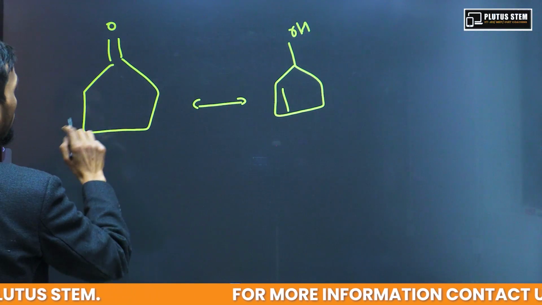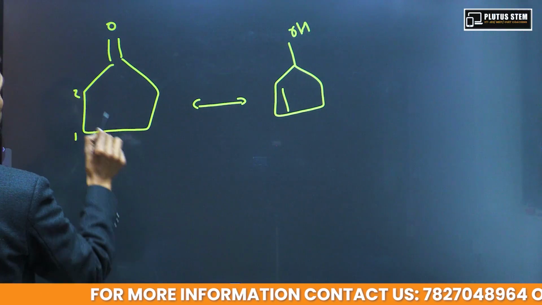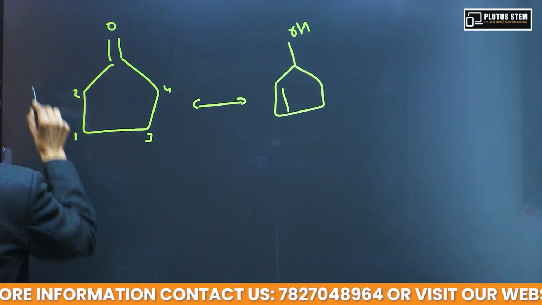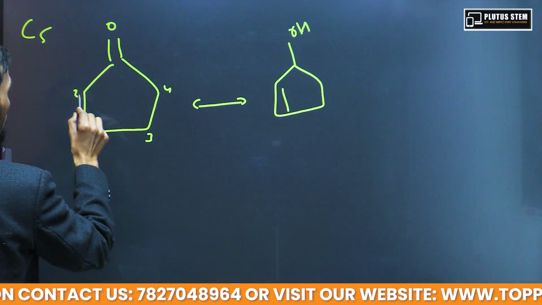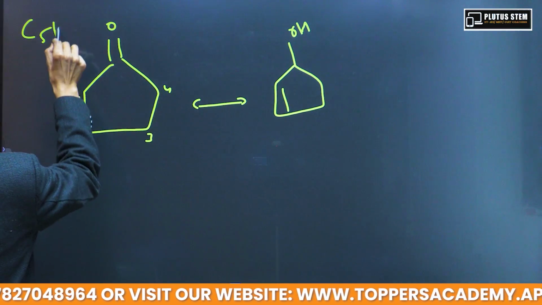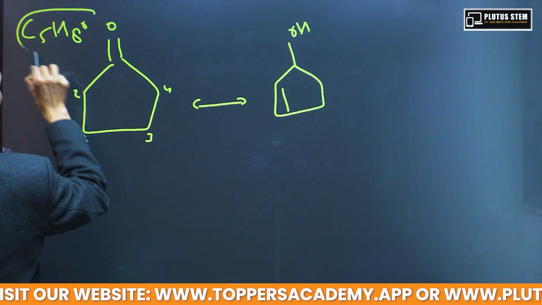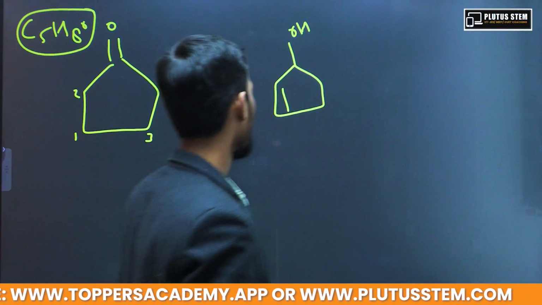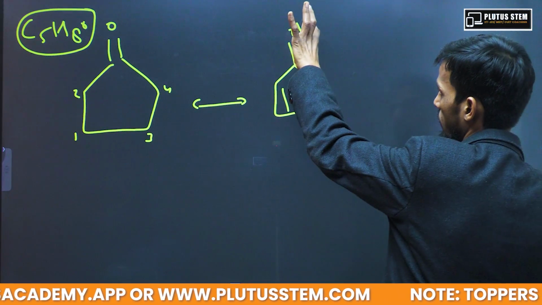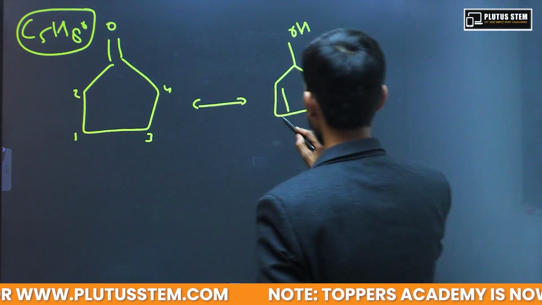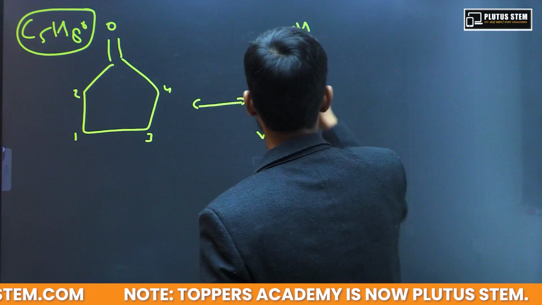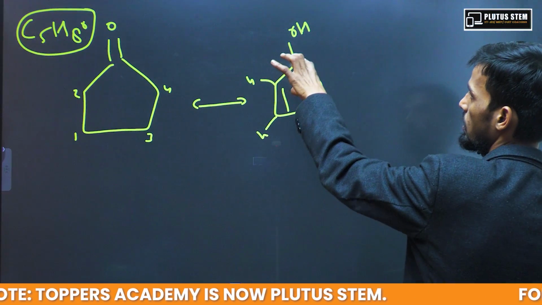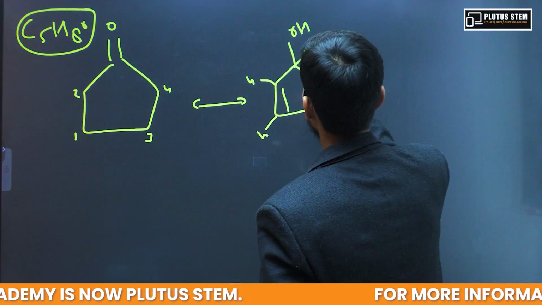If you see over here, carbon 1, 2, 3, 4, 5, it is C5H8O. Over here also C5H8O. Clear or not?